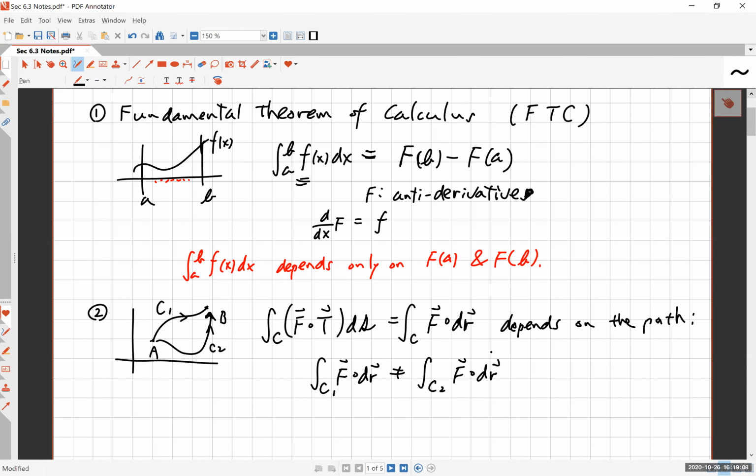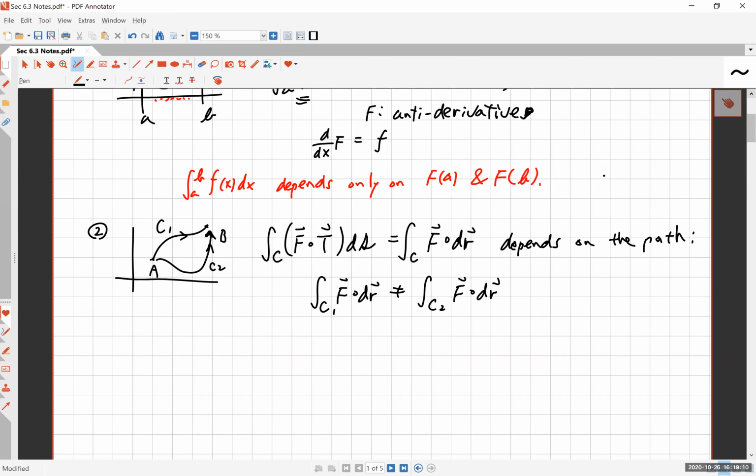So it does depend on the path, even though both paths start at A and end at B. And this is true. It's not equal to each other in general. Okay, but I hinted at this last time that for some vector fields, the value of this line integral, or maybe I should just go ahead and write this as F dot dr.